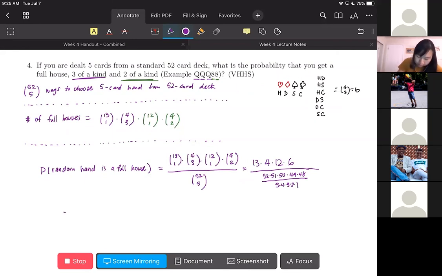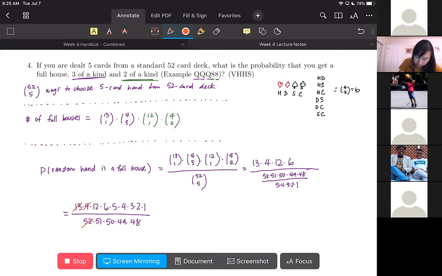And let me just invert this so it's a bit easier to reason about. 13 times 4 times 12 times 6 times 5, 4, 3, 2, 1 over 52, 51, 50, 49, 48, right? And then we can simplify this. So 13 times 4 is 52. What else can we do?